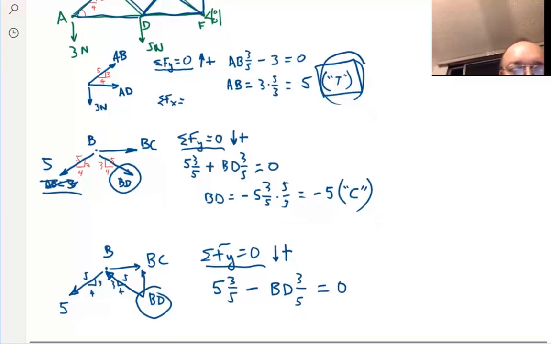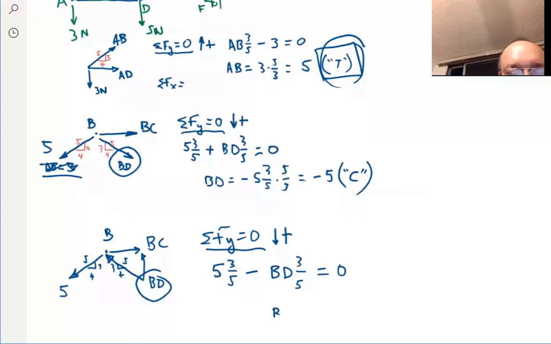Okay, so then from here we can solve for BD. BD equals, this is negative, right? Let me do it like this so we don't get confused. So I have minus BD 3 over 5 equals 5 goes to the other side with negative.